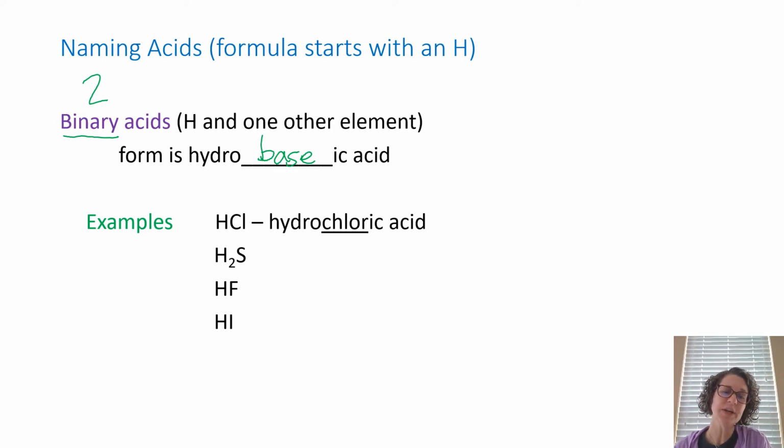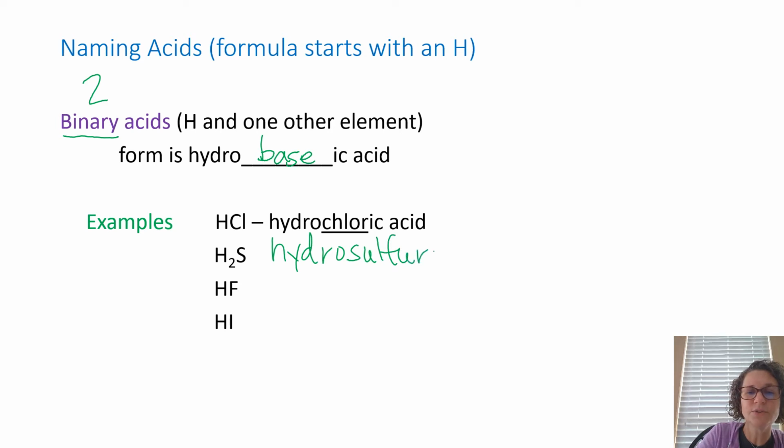Now the next one, H2S, I still have two elements, a hydrogen and a sulfur. So when I name this one, this one is one of those that breaks the rules: hydrosulfuric acid. So it wouldn't be just hydrosulfic acid, it would be hydrosulfuric acid.